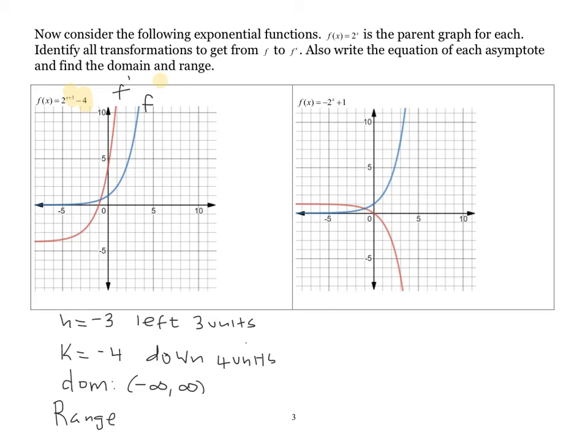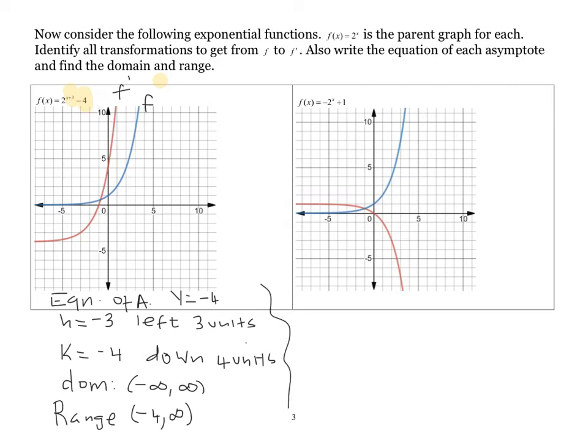The range is from -4 to positive infinity, and the equation of the asymptote is y = -4.